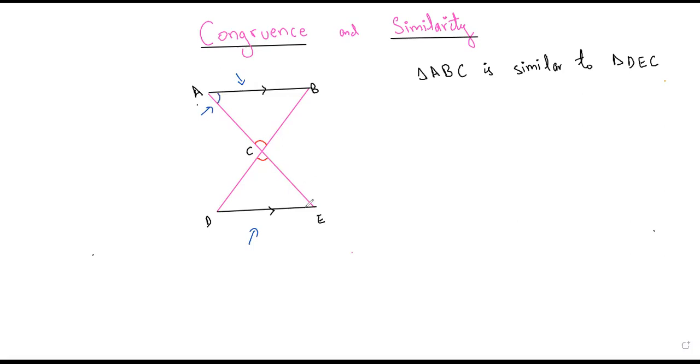So this angle and this angle are also going to be the same because they are alternate angles. And if we think about it similarly, again we have two parallel lines being cut by a transversal, so this angle and this angle are also the same. Since all the angles in both these triangles are the same, these triangles are similar.